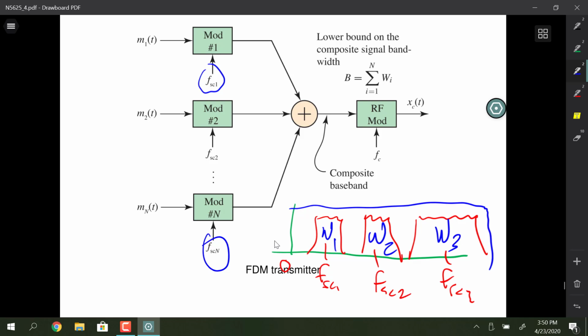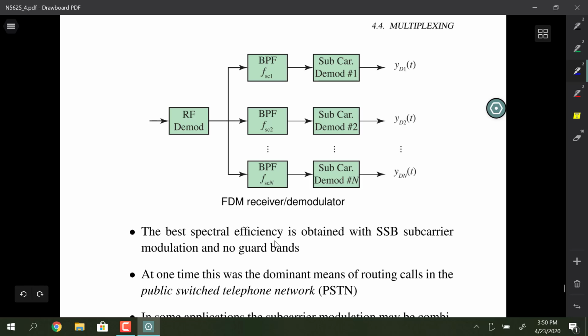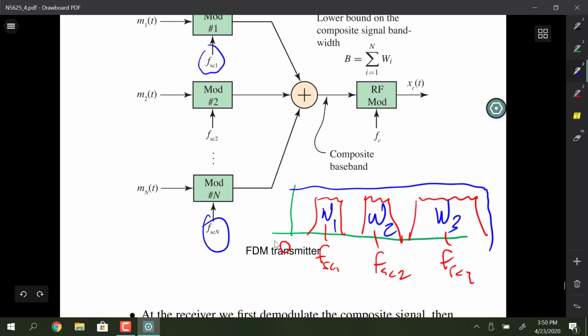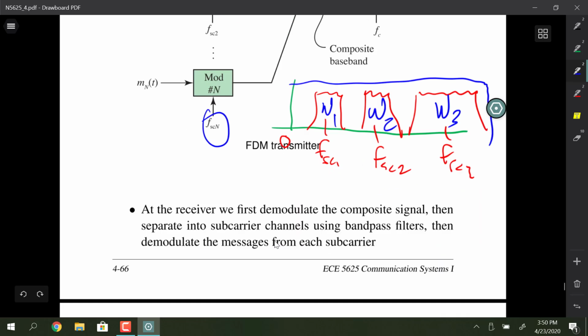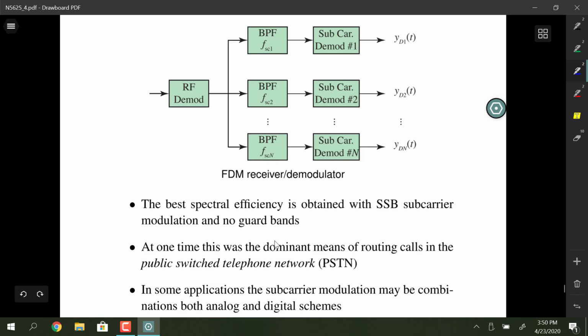So when you get to the receive end, though, you have to tear this apart, do everything in reverse. At the receive end, you RF demodulate using whatever scheme was used in the RF modulator. So it's AM, single sideband, FM, whatever.